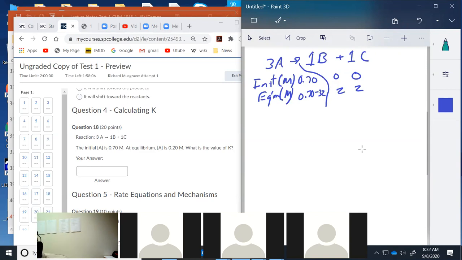Okay. So the 0.70 minus 3Z equals, let's see, what are we given here? It's 0.20 at equilibrium, because the concentration of A at equilibrium is 0.20 molar.